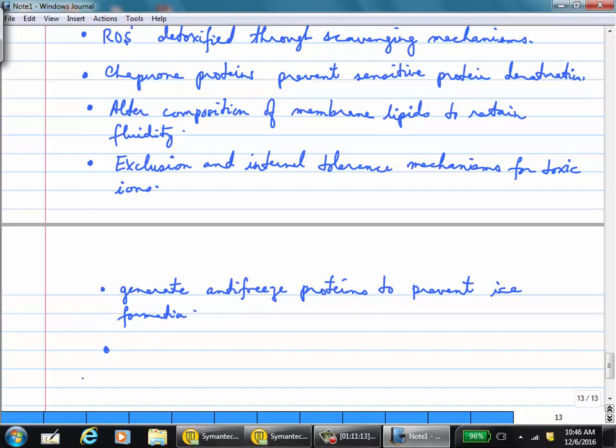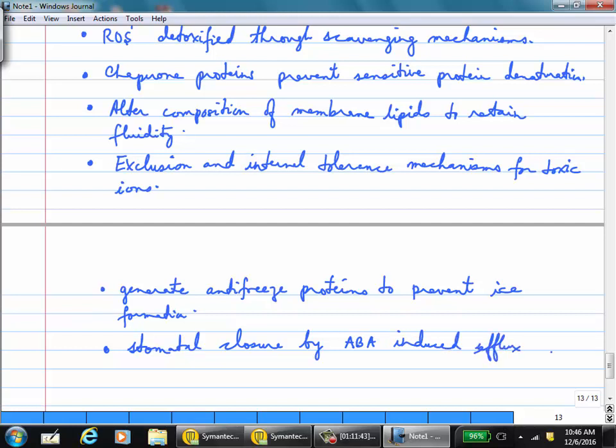Then if the plant is losing too much water, it's really very dry, there's a drought situation. The drought causes the production of abscisic acid, and abscisic acid is going to cause stomatal closure. So stomatal closure by ABA, that is abscisic acid, induced efflux. Efflux, that means exit.